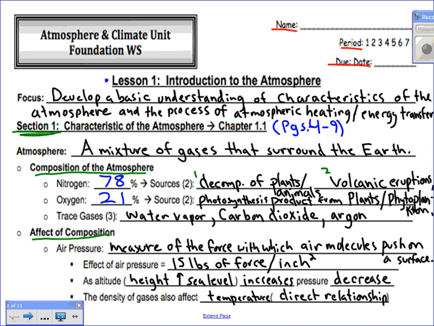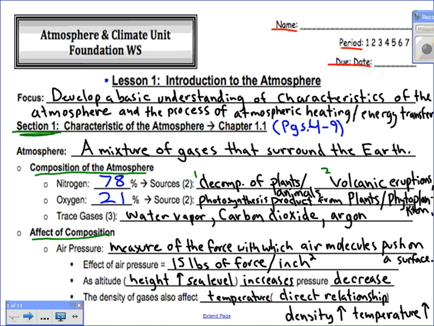Well, as the density of the particles increases, the temperature will also increase, because there are more interactions between the particles. So the density of gases also affects the temperature.